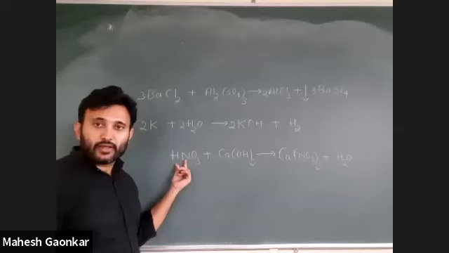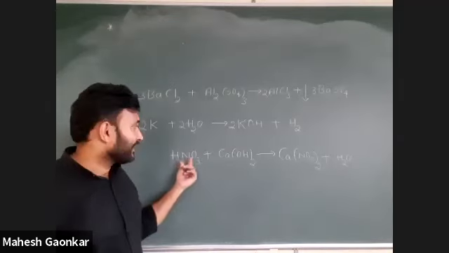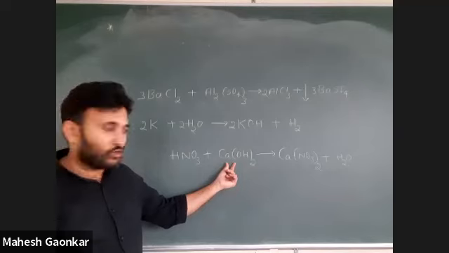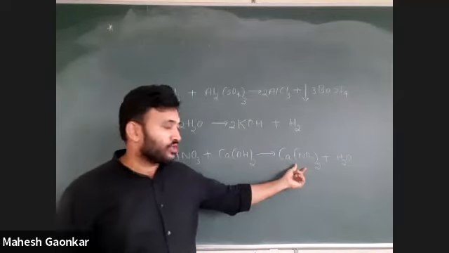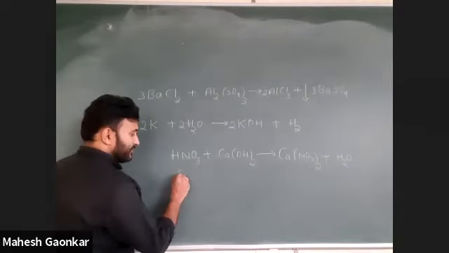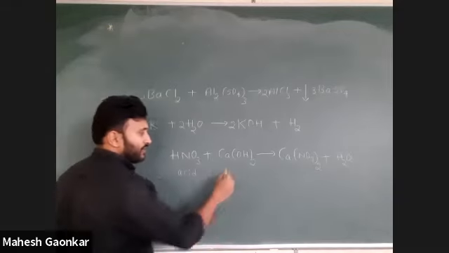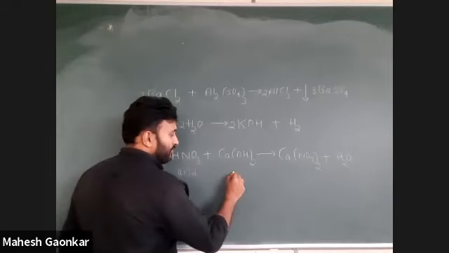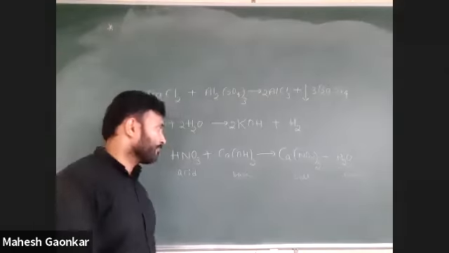HNO3, nitric acid, reacts with calcium hydroxide, gives calcium nitrate, and gives H2O. Now this is an acid, HNO3, nitric acid, and calcium hydroxide, a base. Acid and base give salt and water, that you are going to study in your next chapter, acids, bases, and salts.